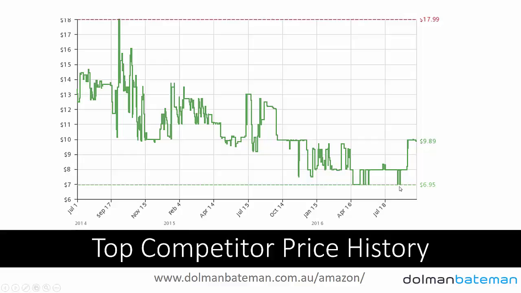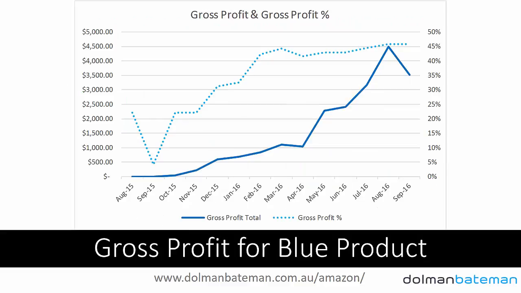They were sitting at the low price of $6.95. They were $9.89, currently $9.89, but they've pushed that down, and the whole market has followed them down into what I consider to be uncompetitive positions, and we'll explain that shortly.